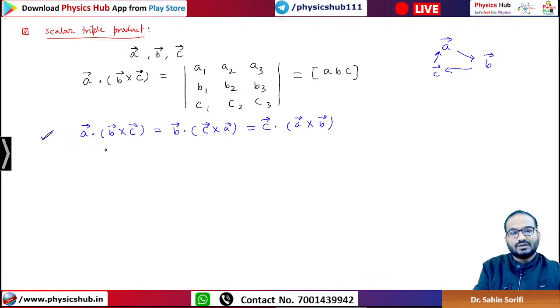In this notation, how do you write it? You write [A, B, C]. How do you write this? [B, C, A]. And how do you express this one? [C, A, B].